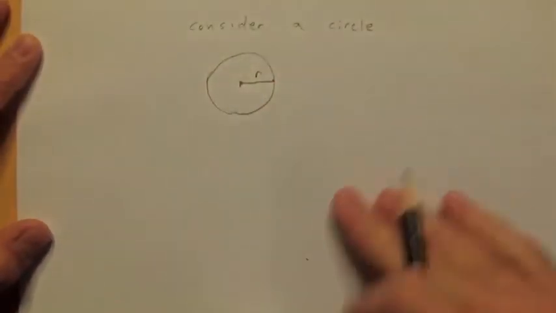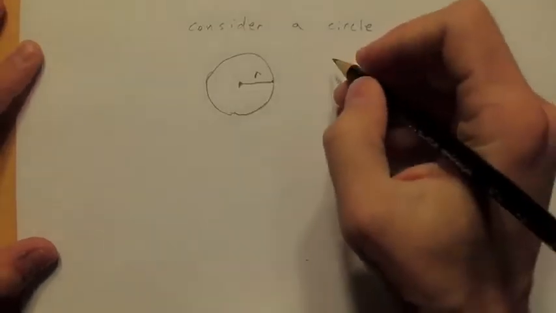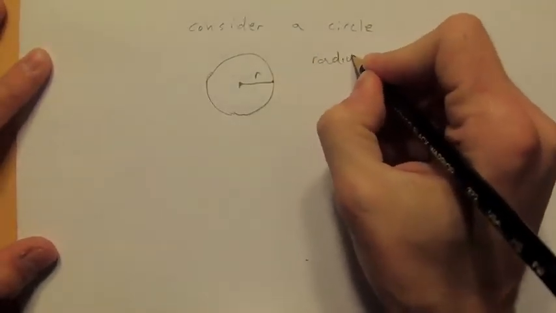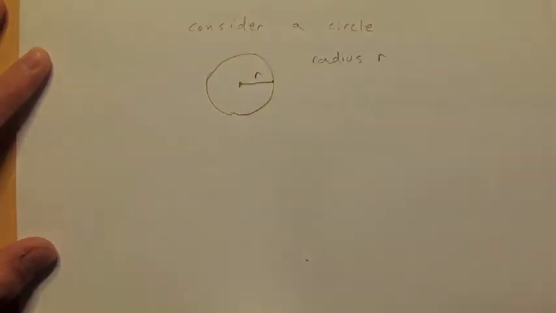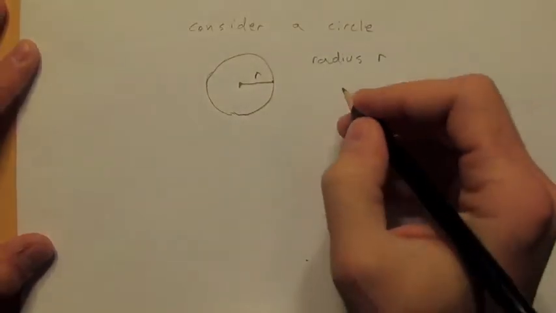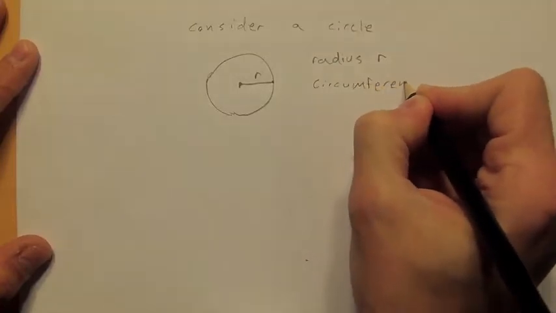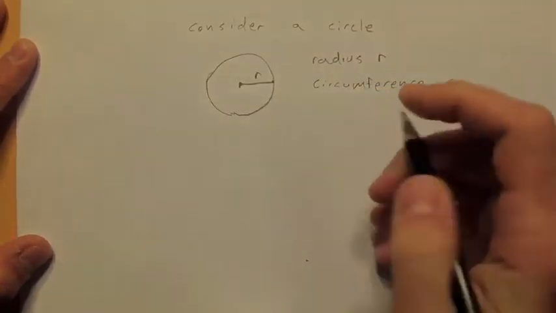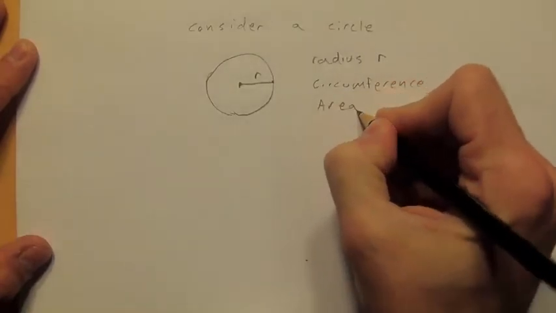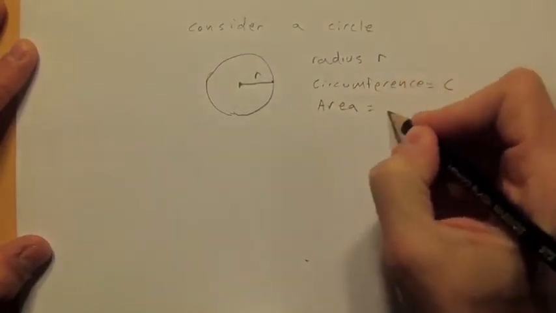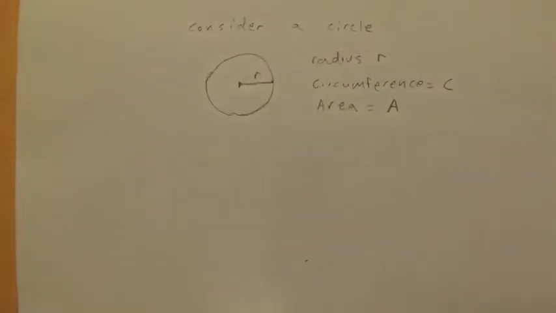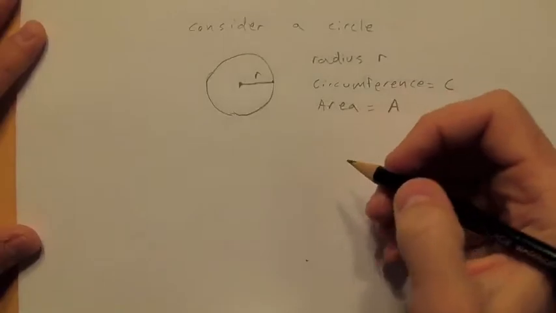The quantities that we can talk about with a circle are the radius, r, and two other important things: the circumference, which we call C, and the area, which we call A. You could say diameter, but that's basically double the radius, so we won't worry about that.